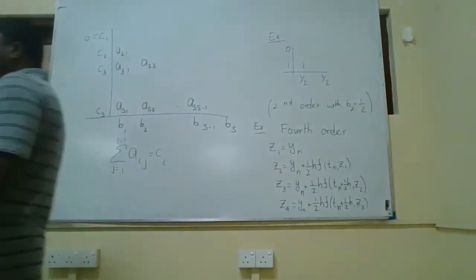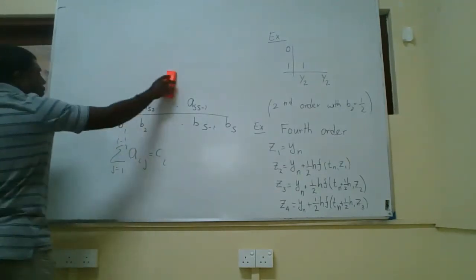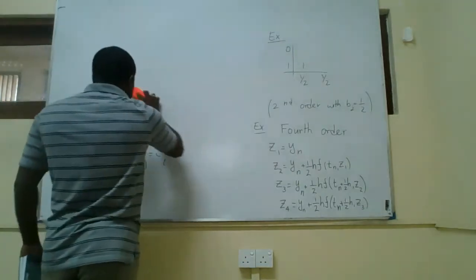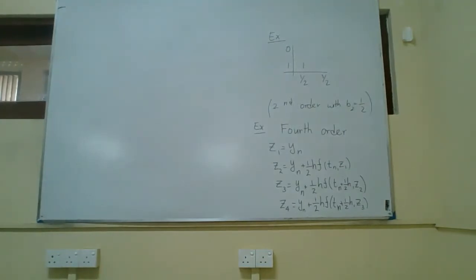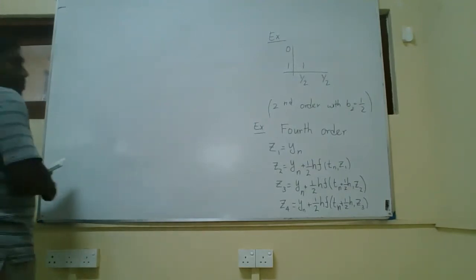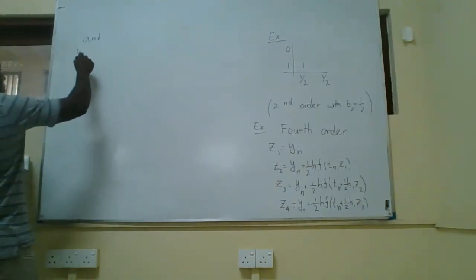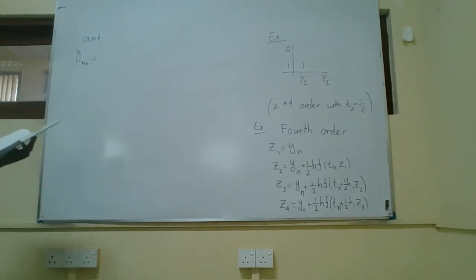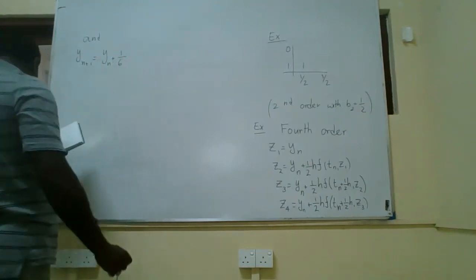Okay, so if you define z1, z2, z3 and z4 like this, then obviously this is going to be a fourth order approach, similar to the way we started defining a higher order Runge-Kutta method. So then you can define the method as follows. And y n plus 1, you define it as y n plus 1/6.